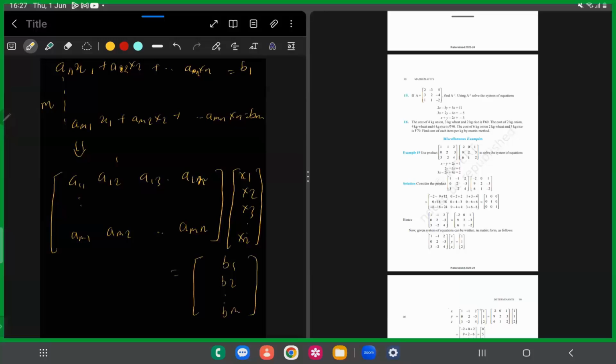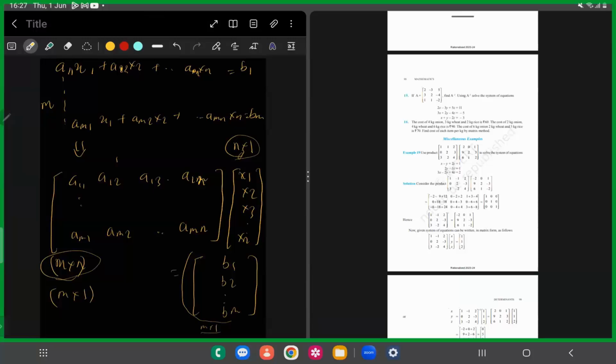So firstly, let's check the consistency of this equation. This is an m by n matrix, and this is an n by 1 matrix. If we multiply matrices of these two dimensions, then we will get an m by 1 matrix, and this is indeed our m by 1 matrix. So here these are our variables and these are coefficients.